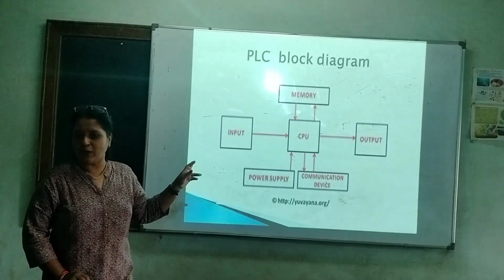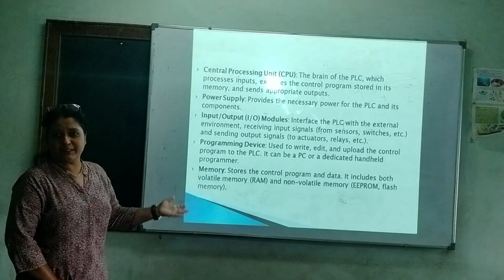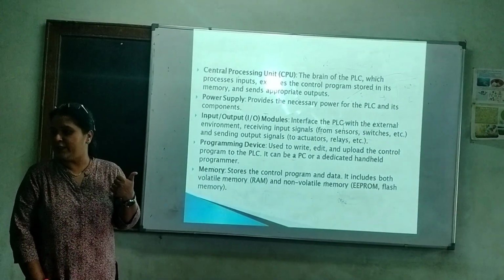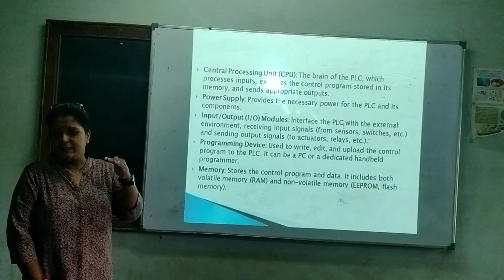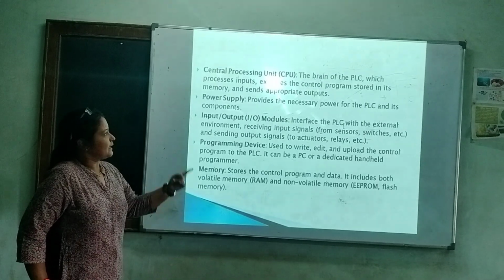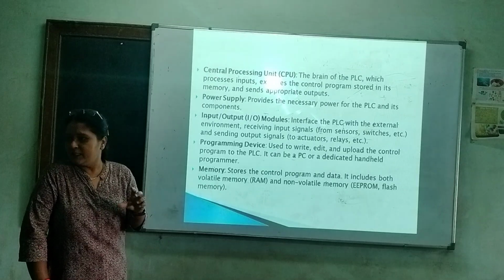This is the block diagram of the PLC. Now if you observe the explanation, first is the central processing unit, the CPU. The central block is the CPU. It is also called the brain of the PLC because all the processing jobs are done in the CPU.